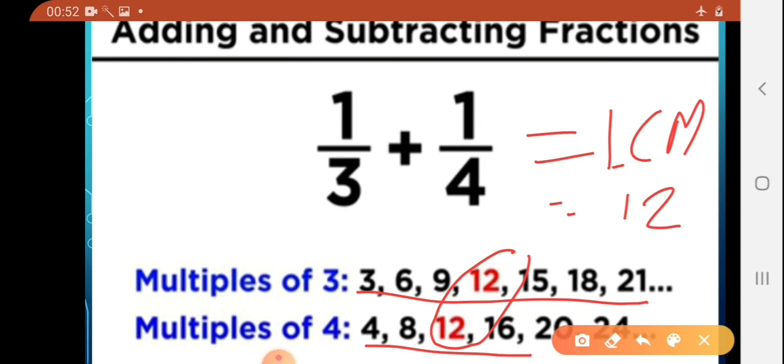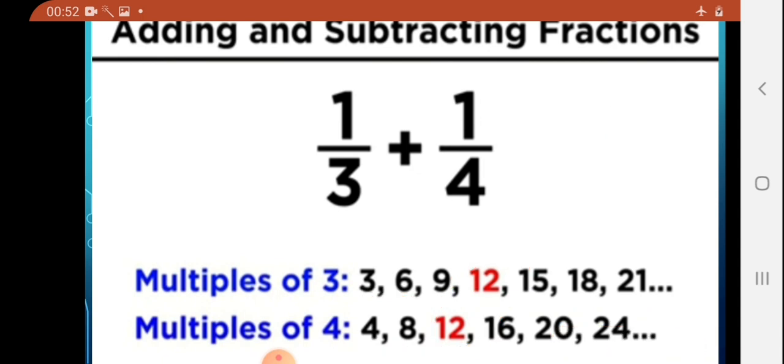Next step, in the previous lecture we have discussed how to change into like fractions. First we take out the LCM, and then we multiply the denominator with a number so that the denominator is equal to the LCM, and the same number is multiplied to the numerator.